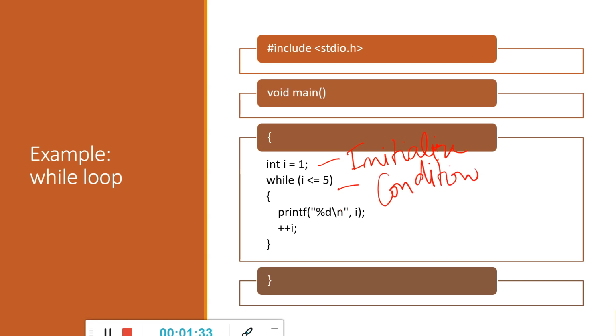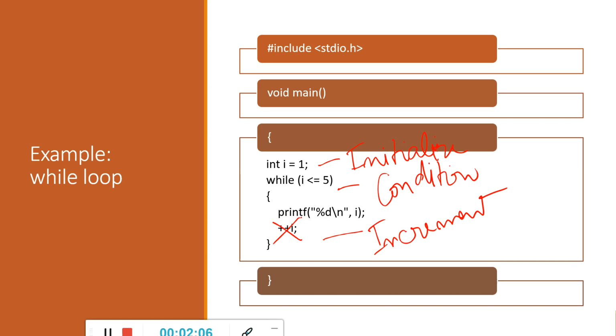Then printf I, and below this, increment I. We are updating the variable I, because if we don't do this, what will happen? The value of I is 1, which is less than 5, so printf I. The value of I is again 1, and it will go back. The value of I is still 1, so the loop will continue for infinite times.